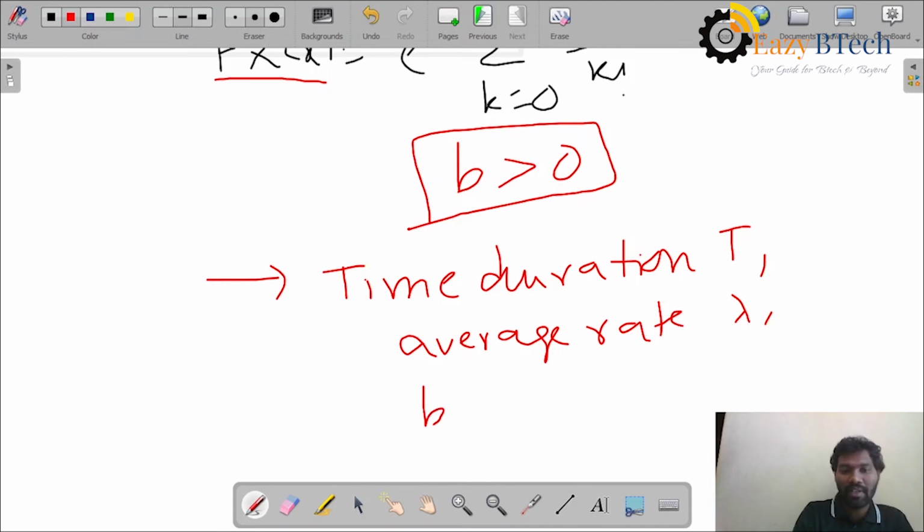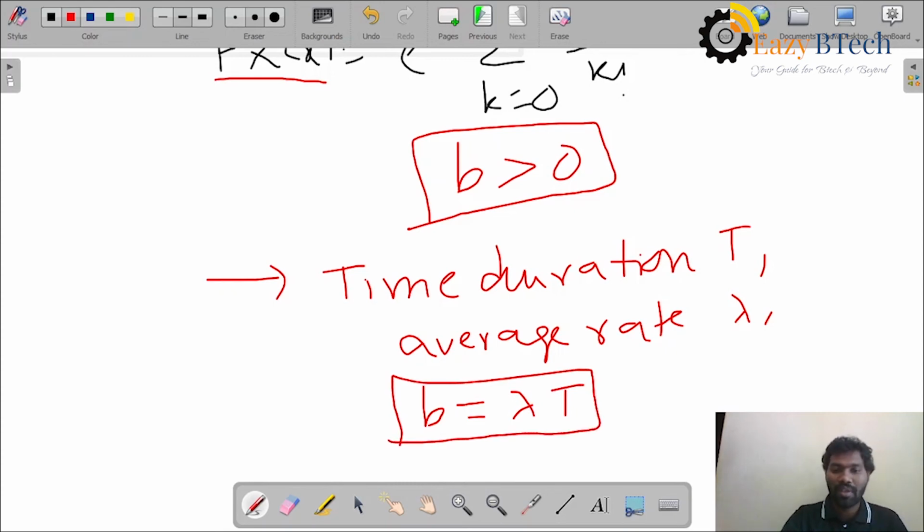In that case, what will you write for b? Lambda into capital T. So the constant b can be written as the multiplication of average rate into the time t. You have to use this if the problem gives you the average rate.